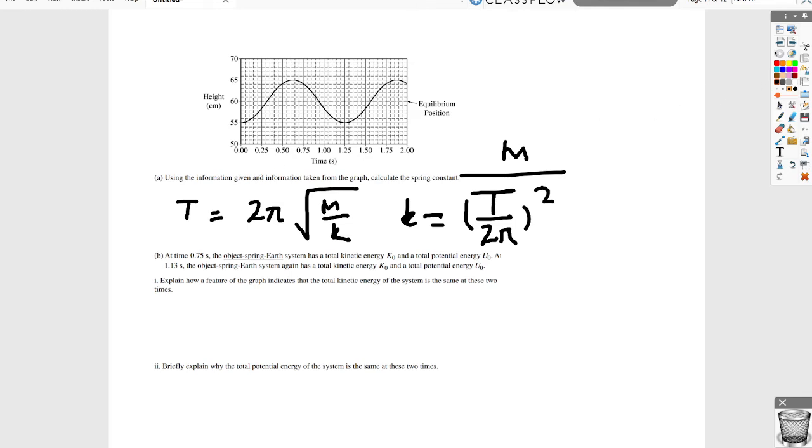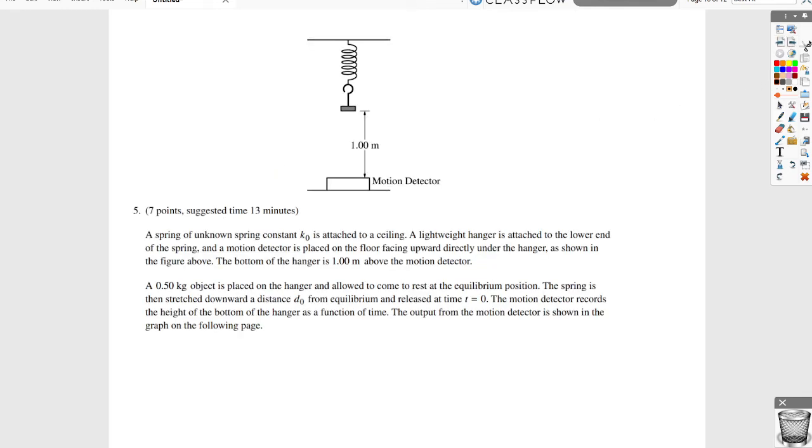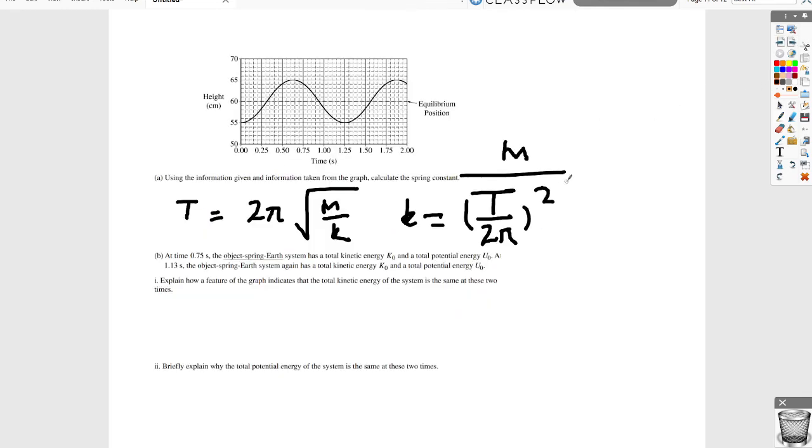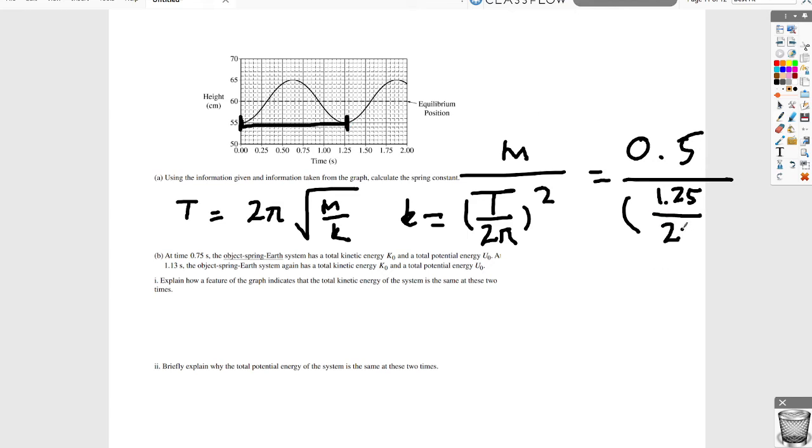So m is 0.5 kilograms, divided by T, which is 1.25, the period. So this is a period. It's bottom to bottom or middle to middle.